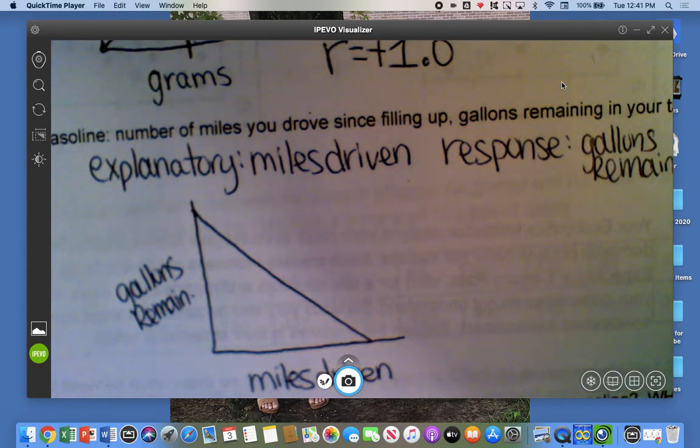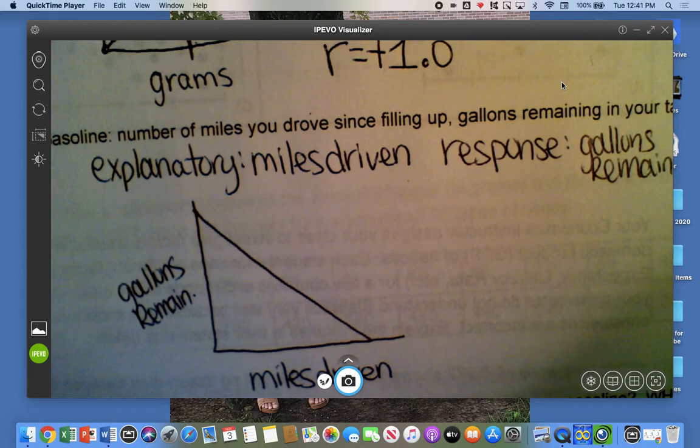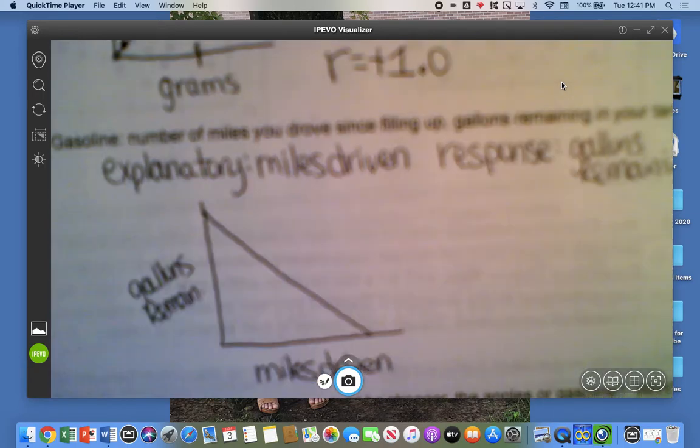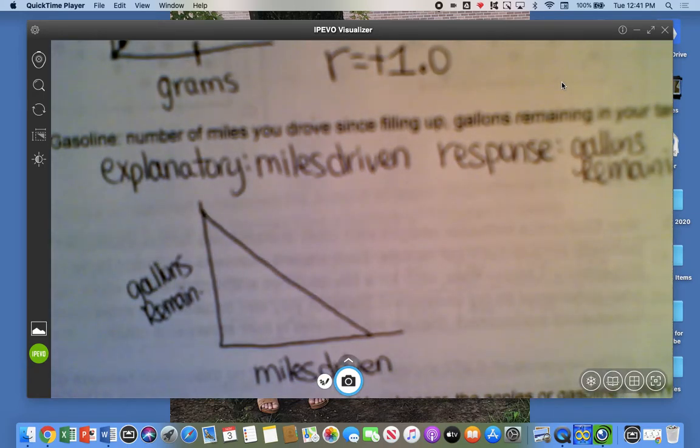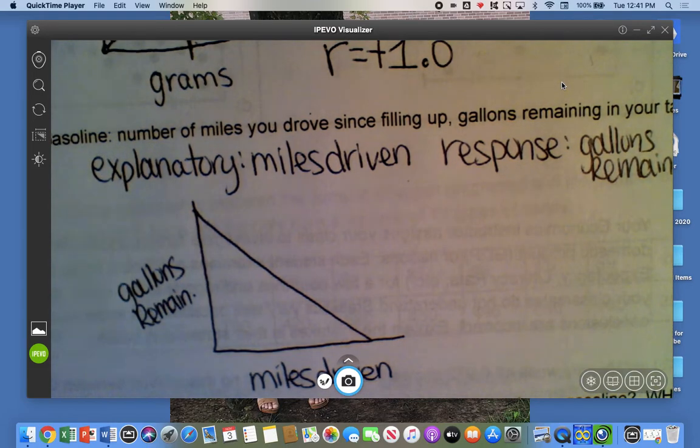How many of you on your vehicles have it tell you on your dash how many miles per gallon you're getting? Does anybody's? I don't think mine does actually. Yeah, I know what you're talking about though. But a lot of cars will tell you as you're driving what kind of gas mileage you're getting. Definitely you do much better on the highway versus in town because of the stop and go.